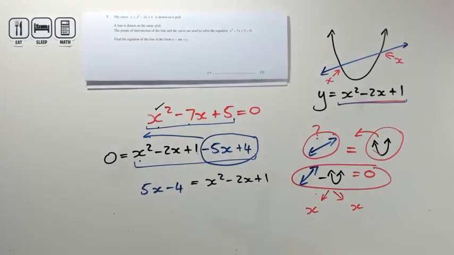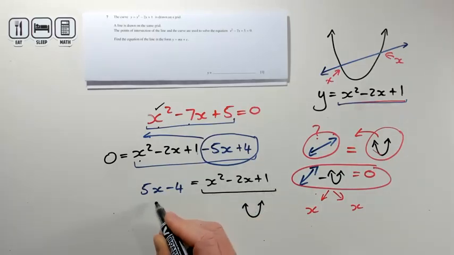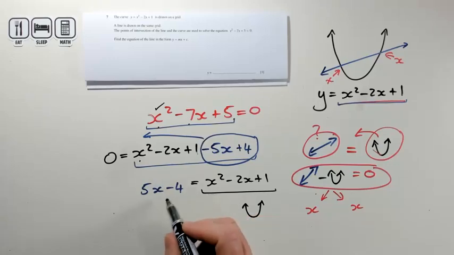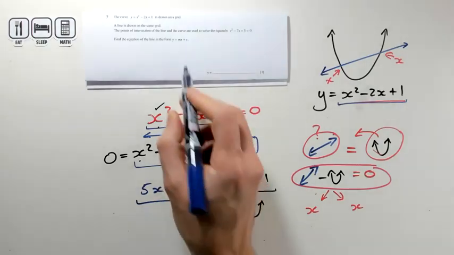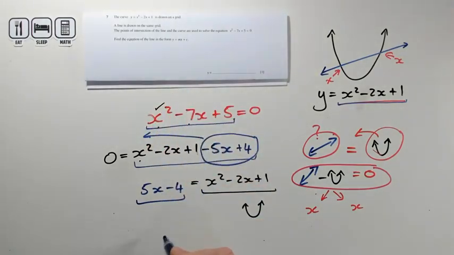So I kind of just worked backwards, right? And now I know this is my parabola. And this, I got lucky. It was actually a positive gradient. But yeah, this is now my straight line. And they're asking for it in the form y is mx plus c. So it's very straightforward. I just put y equals 5x minus 4.